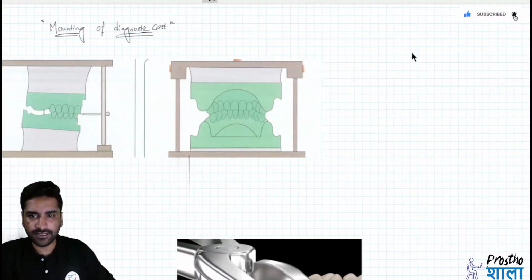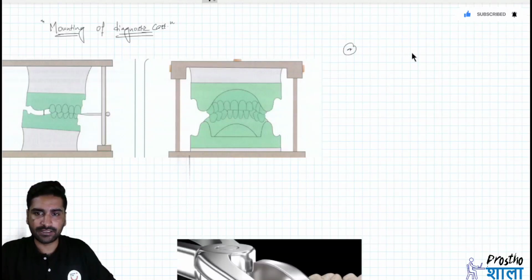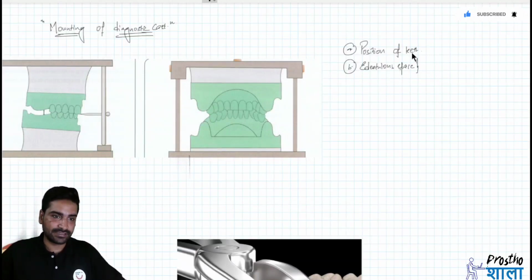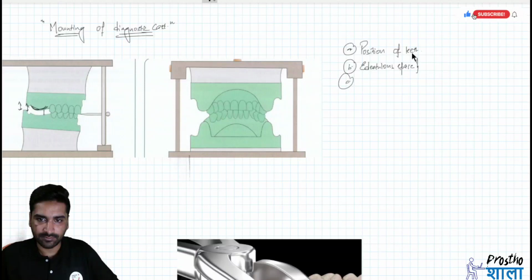So what all do you check? First you check the position of the teeth, the edentulous space available, that is the amount of space available to place the teeth. Suppose in this you can see a very minimal amount of space is available between maxilla and mandible. Why? Because these tuberosities are bulbous, so you need to check the tuberosities also.